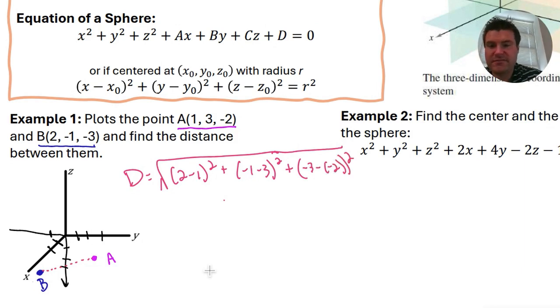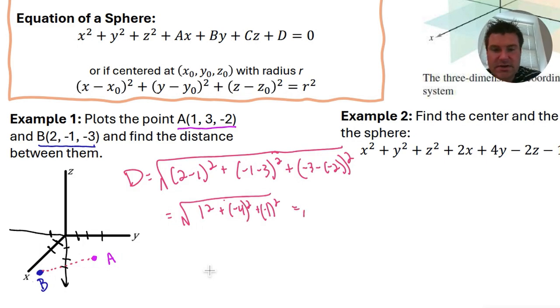That gives me 1 squared plus negative 4 squared plus negative 1 squared, which is going to give us root 18, the same thing as 3 root 2. So that's the distance between B and A.